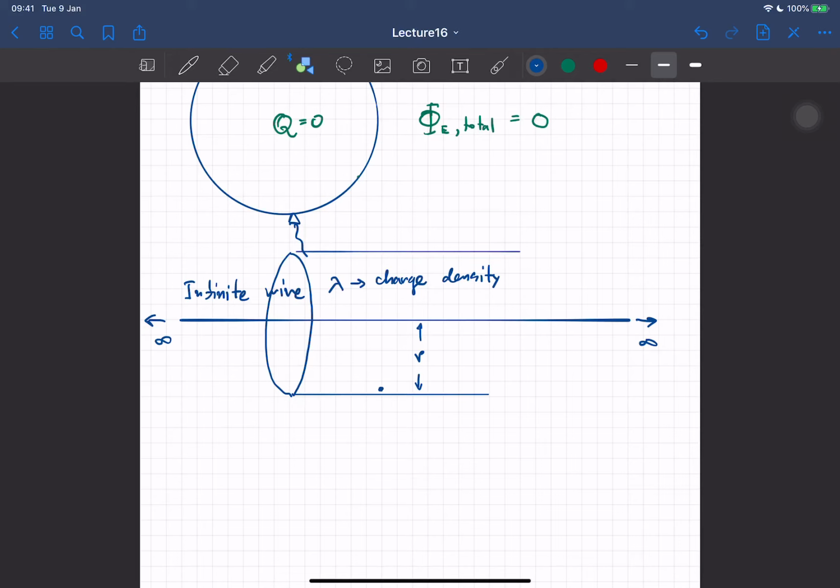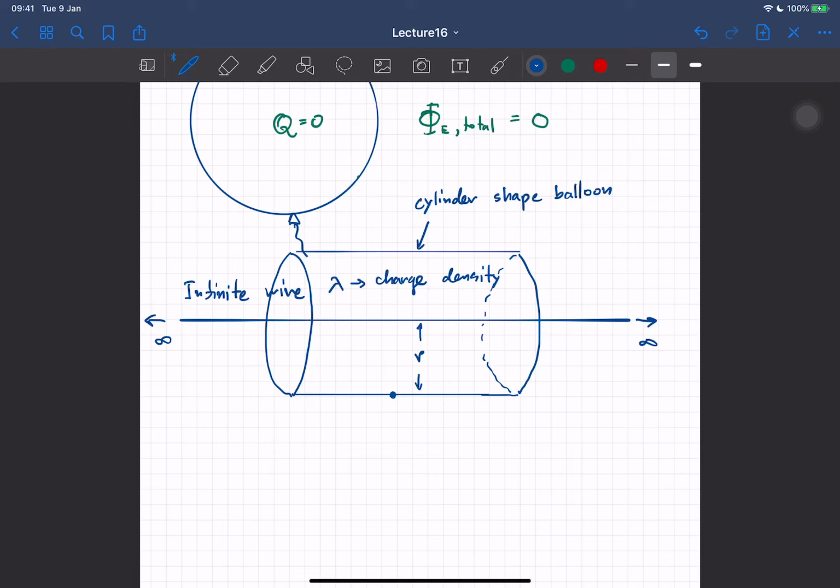Like this. Imagine that you have a balloon which is weirdly shaped like a cylinder, and you put the balloon here such that the wall of the cylinder is exactly at the point where you want to calculate the electric field. So this is an imaginary cylinder, a cylinder-shaped imaginary balloon that you kind of dream about.